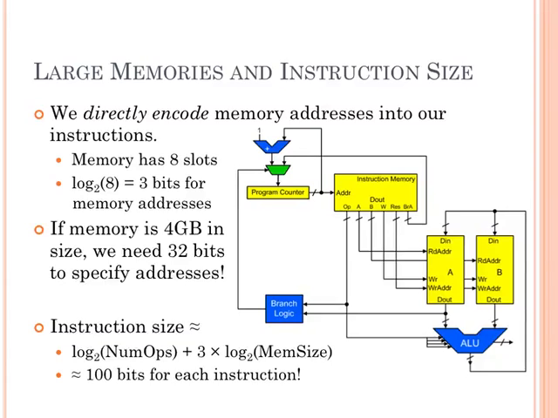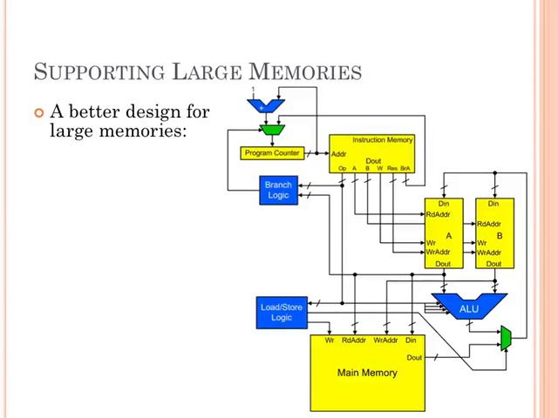Right now we have 3 times that addresses appear in our instruction. So 32 plus 32 plus 32 plus a write bit, our branch address, which we're going to assume that our instruction memory stays small, which I don't know why we would do that. But anyway, we'll keep the instruction memory small. But you can see already we're getting up to like 100 bits per instruction, which is ridiculous. We don't want to do that. So we need to come up with another design. And this is the design that most systems actually use.